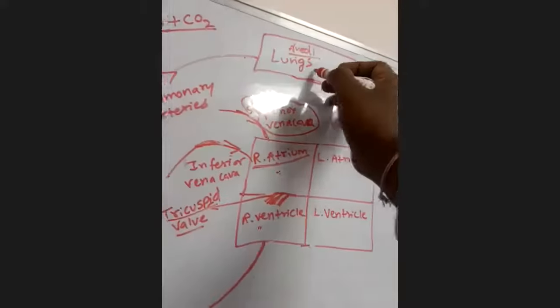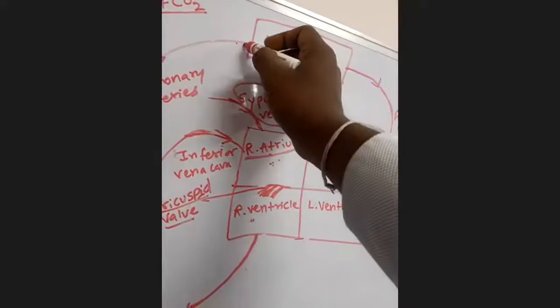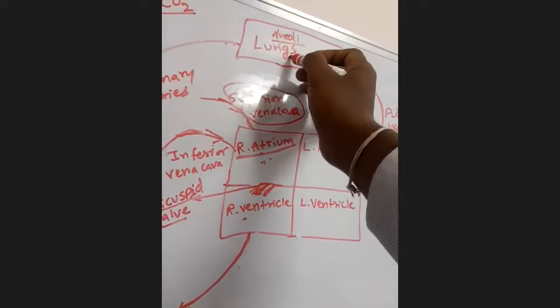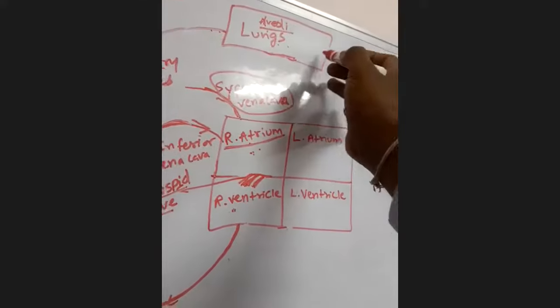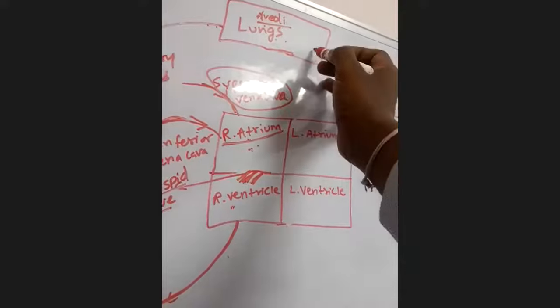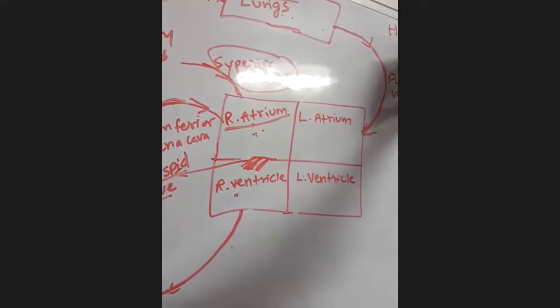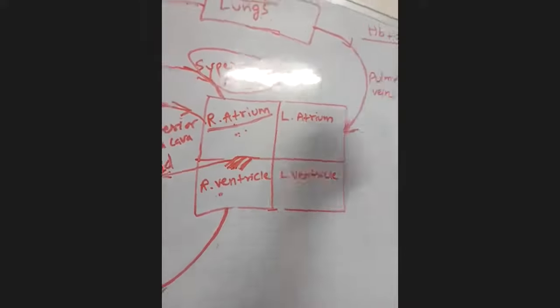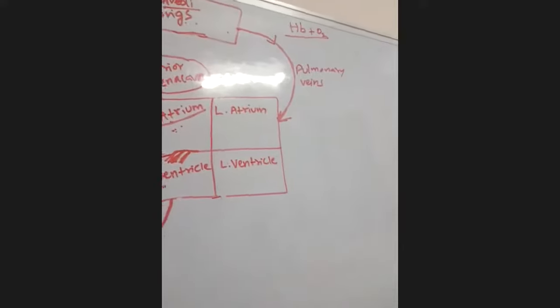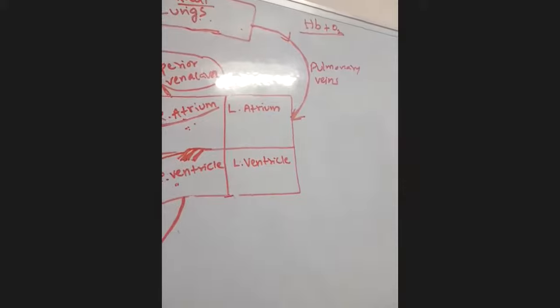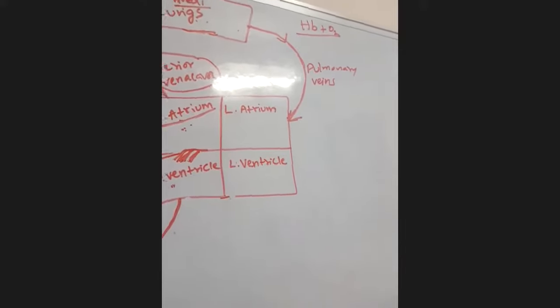So in the lungs, carbon dioxide is given away, and the blood takes oxygen, which combines with hemoglobin.